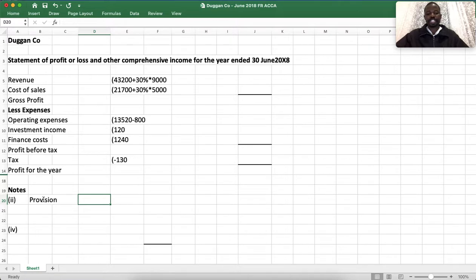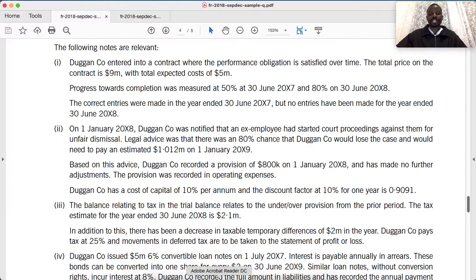The provision is for 1.02 million. Let's go and take the figures there. We are told DICO has a cost of capital of 10% per annum, and the discount factor for 10% for 1 year is 0.901. So we need to discount this estimated payment to present terms.